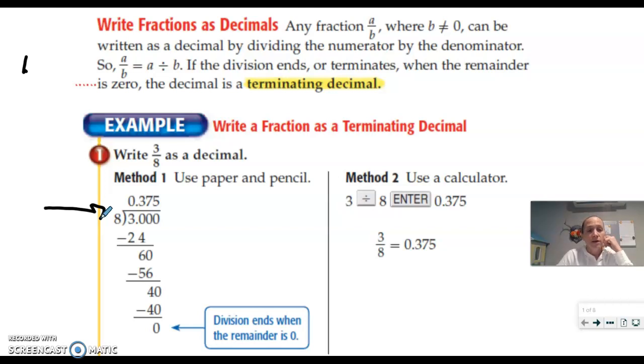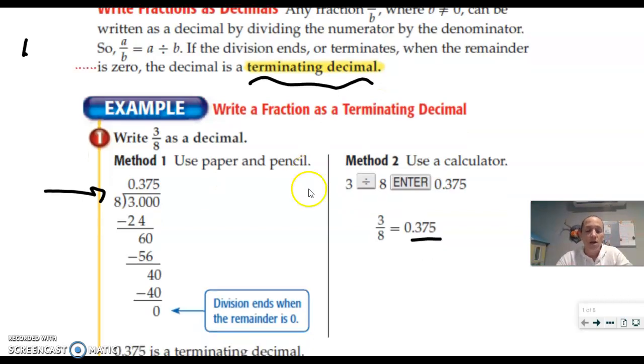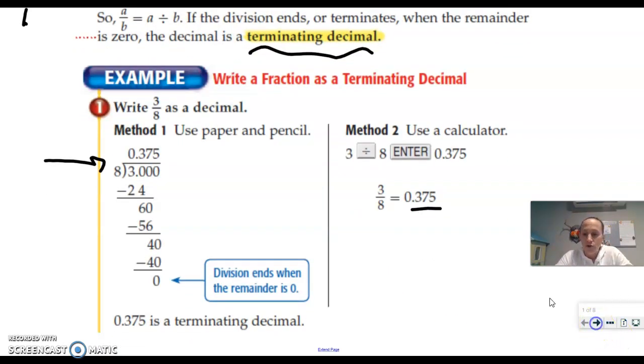So to change a fraction to a decimal, you're just dividing. 3 divided by 8 equals 0.375, which is called a terminating decimal, because it ends, or it terminates. Some of the fractions you will change will be terminating decimals, and that's easy enough. However, they won't always be terminating decimals.